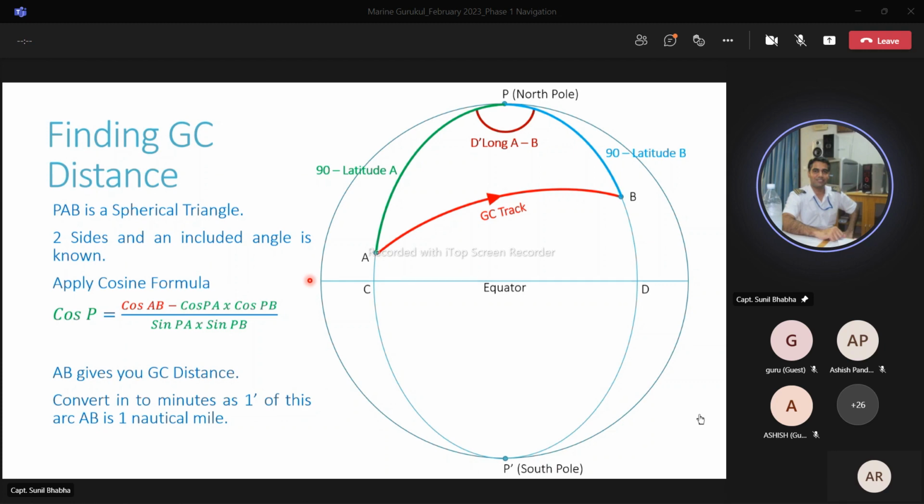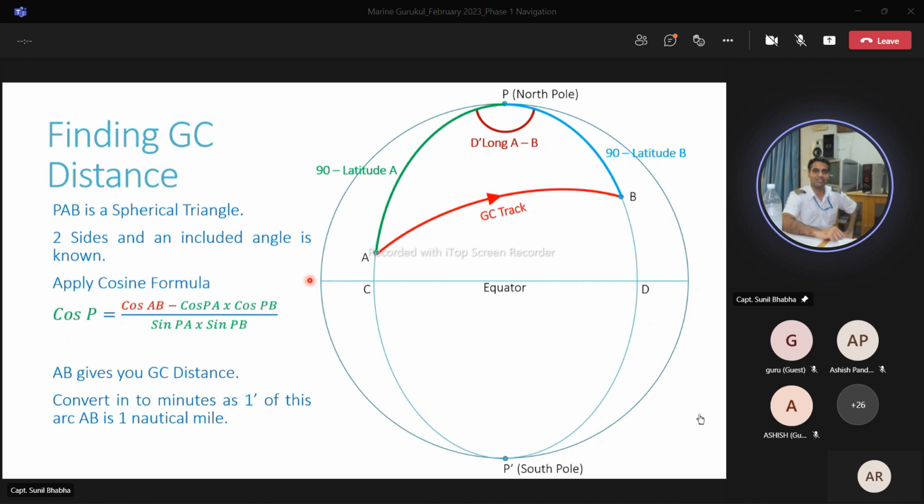This side AB converted into minutes gives you the great circle distance between A and B in nautical miles. Whenever you are doing any calculations on this triangle, during calculation, the side AB is always used in the degree and minute format. But when you want to write your answers for great circle distance, it is not written in degree and minute format. It is converted to minutes and then written, because 1 minute is equal to 1 nautical mile.